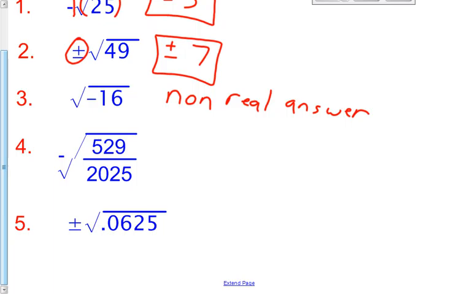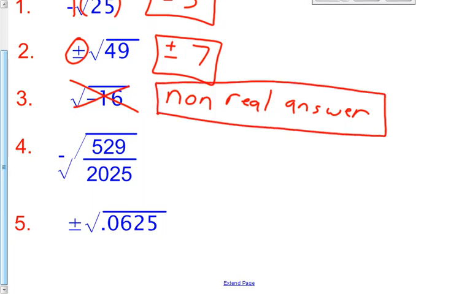So there's no such thing as taking the square root of a negative number and getting a real answer. It is a non-real answer. I will touch more on this, in fact a lot more on this, in about 3 or 4 more video lessons. So this is what I want you to put for now. Eventually we are going to be able to answer problem number 3 in a special type of way. However, it's non-real. So make sure you write that down for your answers whenever you take the square root of a negative number.